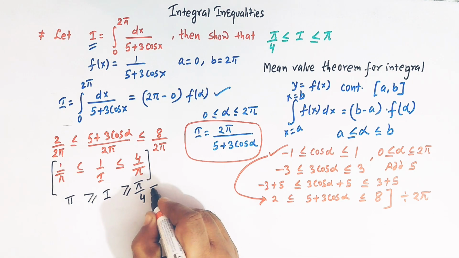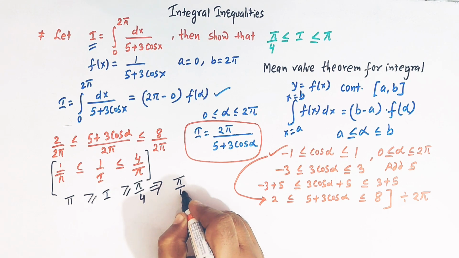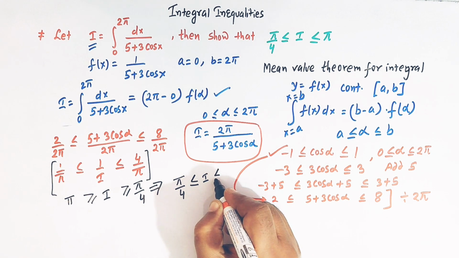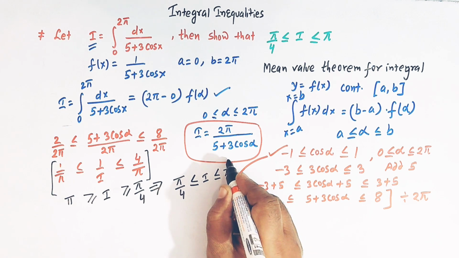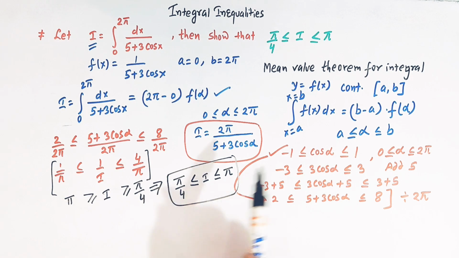We can also write this inequality as pi by 4 is less than or equal to I, that is less than or equal to pi. So this is our desired inequality which was to be proved.